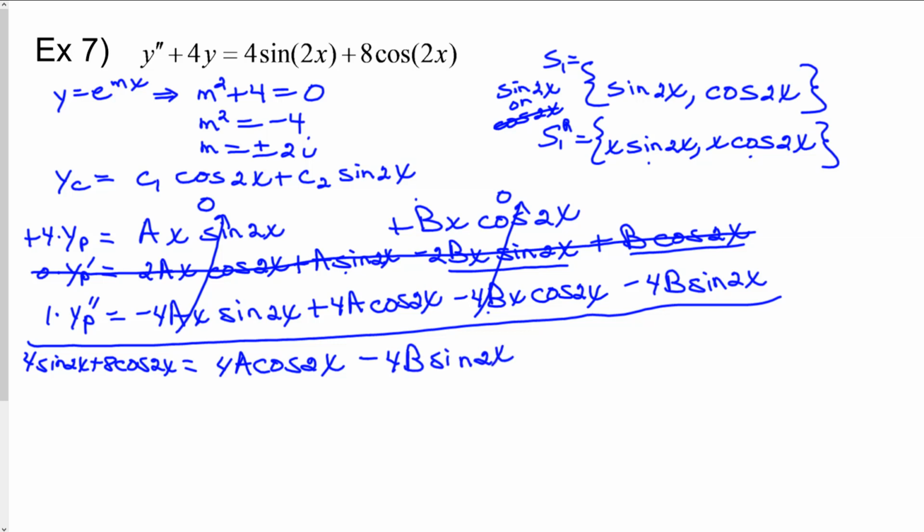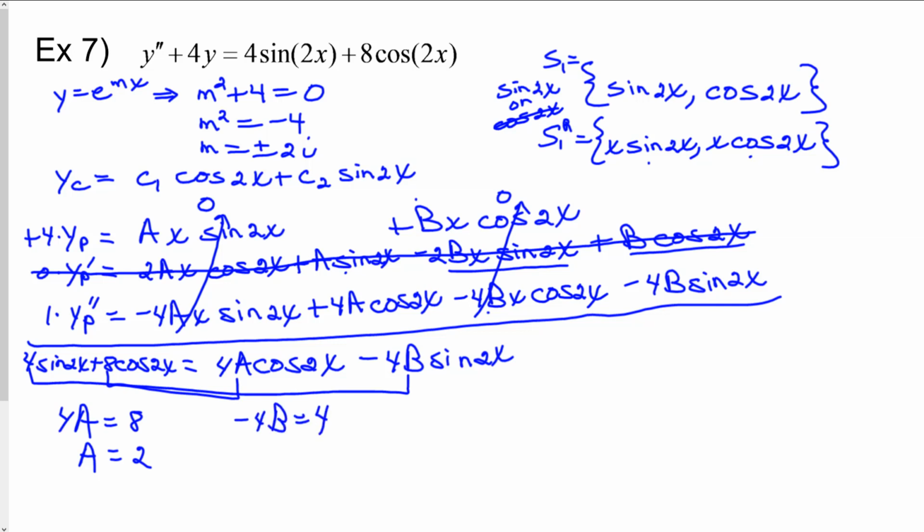So now we're all set to match our coefficients. The coefficient of cosine matches the coefficient of cosine. So 4a equals 8 and a equals 2. Then we match up the coefficients of sine. So negative 4b must equal 4, which gives us b equal negative 1.